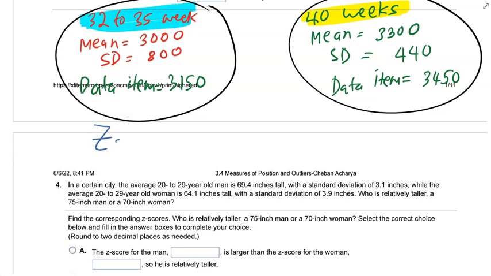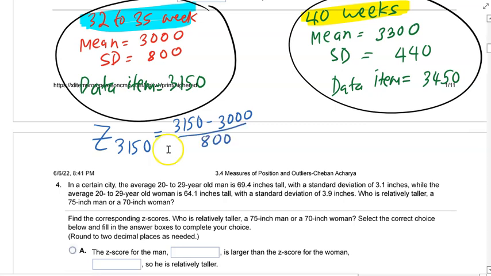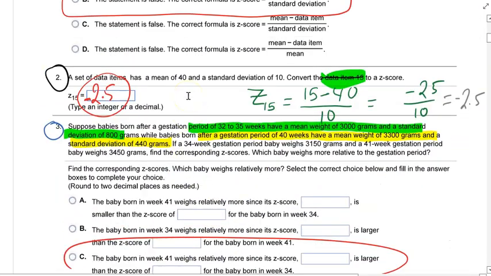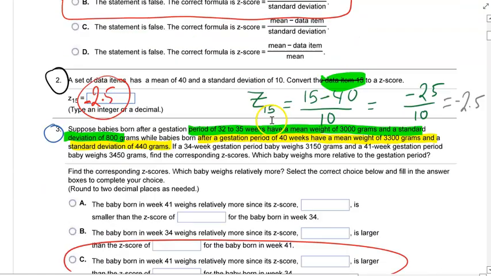Let's find the z-score of 3150. Notice that's how I put the subscript, to mention that this is the z-score for the 3150 data item. And what's the formula? Data item minus mean, 3000, divided by 800. Notice the mean is 3000, standard deviation 800, and that formula comes from question number 1, right?